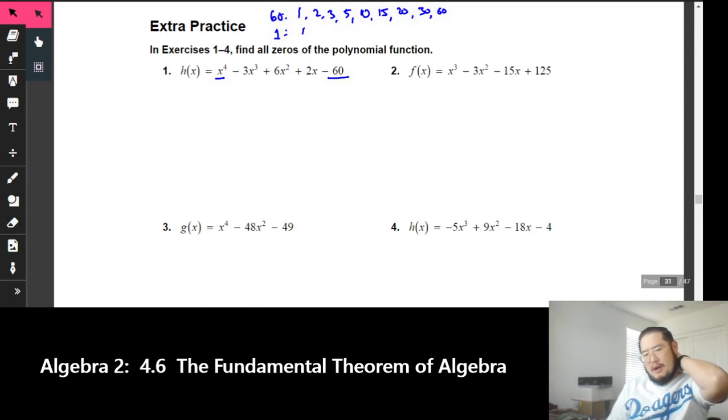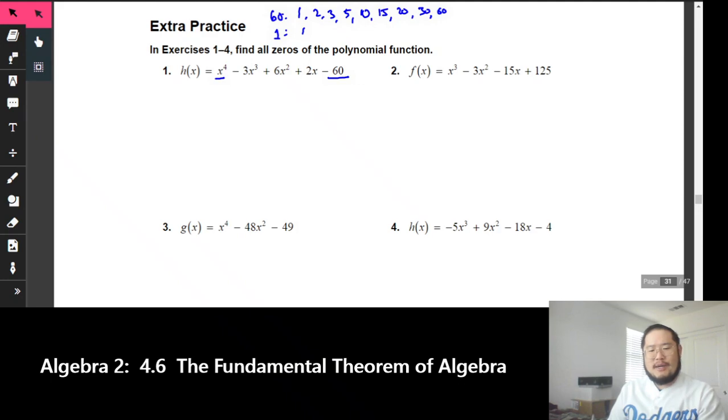So remember, when we put P over Q, we have plus or minus 1, plus or minus 2, plus or minus 3, plus or minus 5, etc. All right, because 1 over 1, 2 over 1, 3 over 1, 5 over 1, 10 over 1, 15 over 1. To save you the trouble right here, I know that this one has a lot of combinations. We have 1, 2, 3, 4, 5, 6, 7, 8, 9 times 2 because of the plus or minus. That makes 18. So there's quite a bit. I'll help cut to the chase.